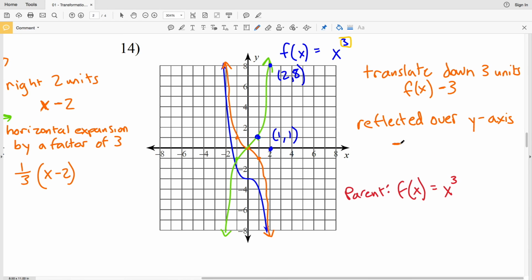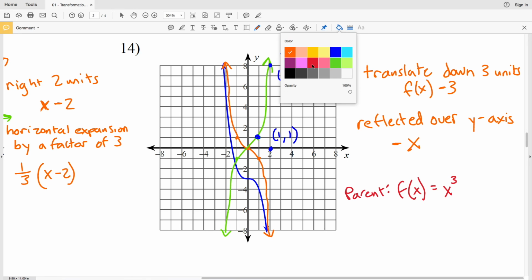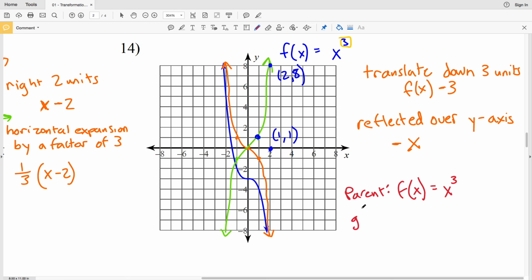So the negative or opposite gets applied to the variable itself. So now we can write g of x. G of x, first applying what happens within that function, we're going to have negative x, and that will be cubed, since that's what the parent function was. So we simply applied our negative to our variable within our function.